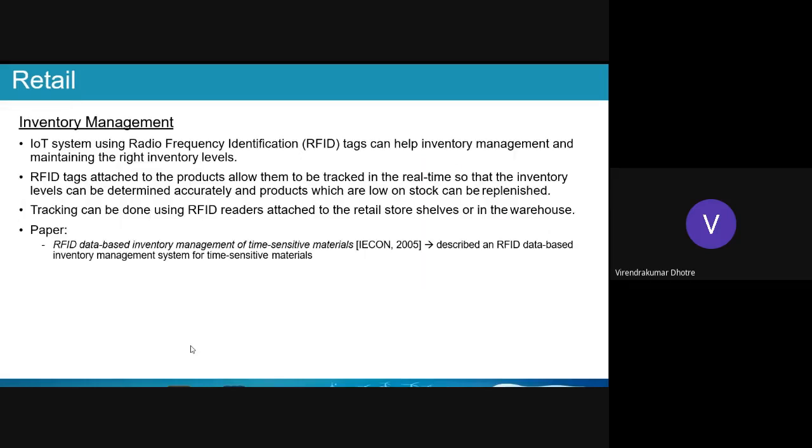As I said, with inventory management, using IoT, RFIDs, and tags, we can maintain the right inventory levels. For example, there will be different stocks of products, which will have tags, and we can identify how much the current stock is.